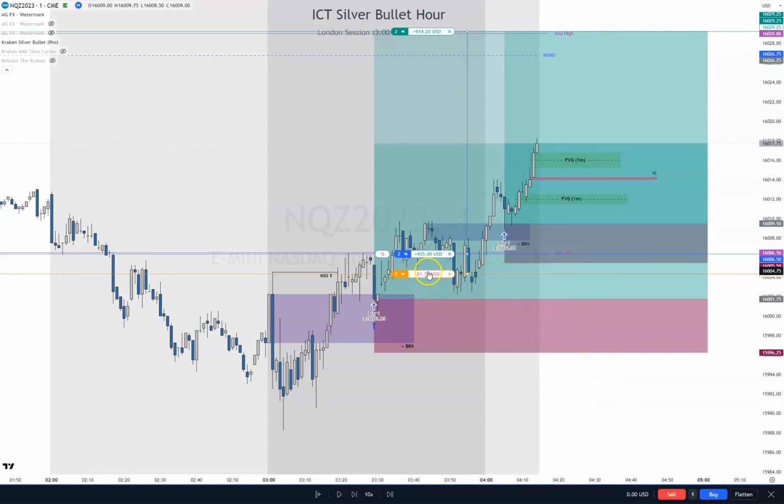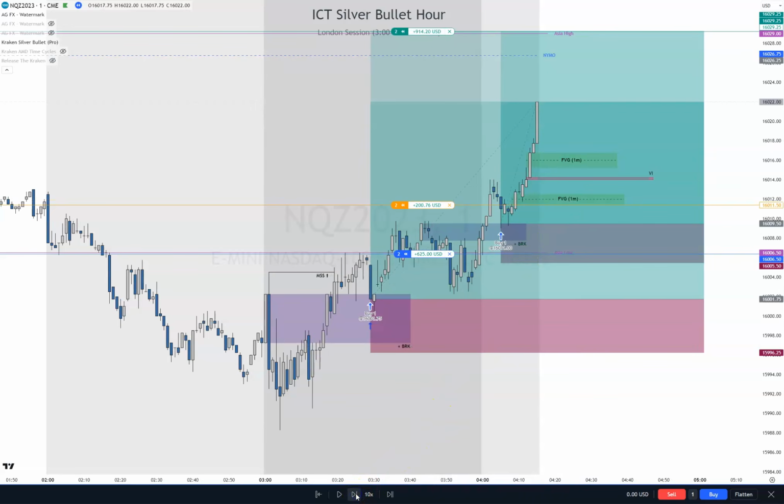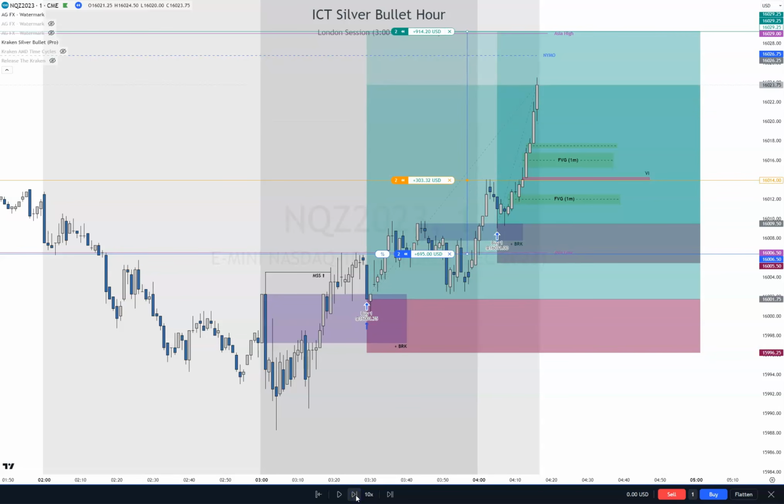Okay, so where's our stop go? Below the 3rd PD array. 1, 2, 3. If we create another PD array, and we did, I'm moving it up. If it takes us out at any time, that's what happens. So now this goes to right here. Okay, another PD array.